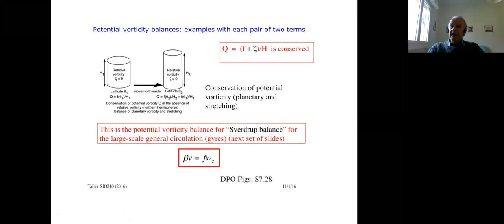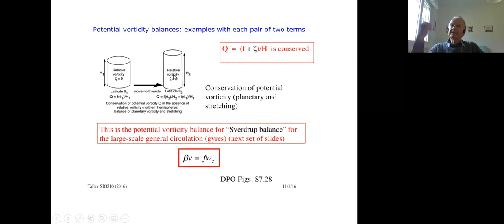If the relative vorticity is changing, here we have relative vorticity 0, and here relative vorticity 0, but here the water column is squeezed with respect to this one. So here the relative vorticity is larger than here.